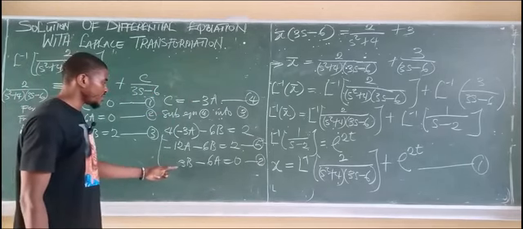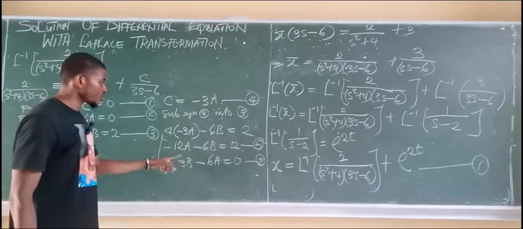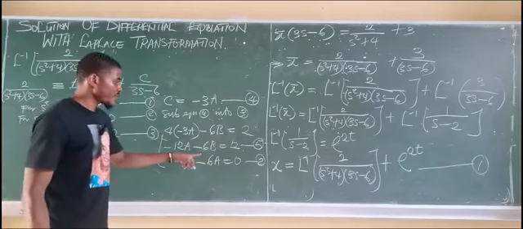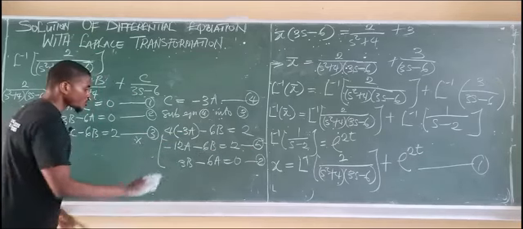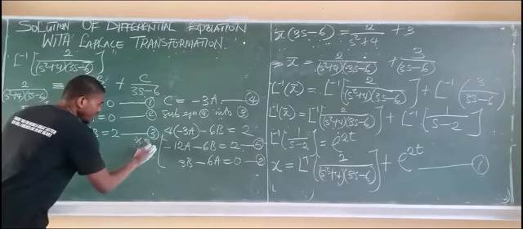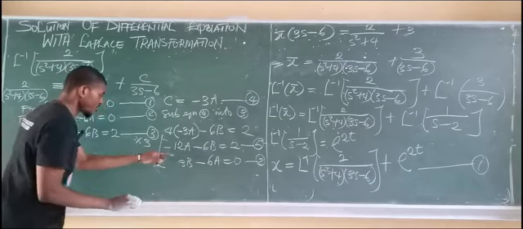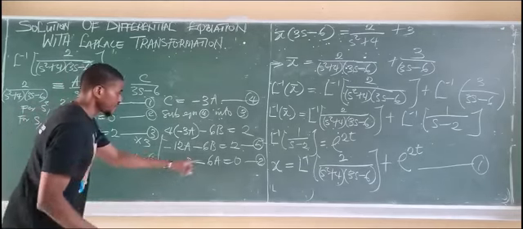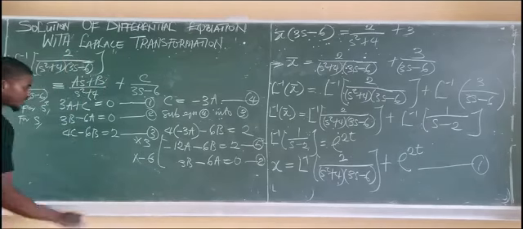The coefficient of b in equation 2 is 3, and the coefficient of b in equation 5 is minus 6. So I'm going to multiply equation 5 all through by 3, the coefficient of b in equation 2, and multiply equation 2 by minus 6, the coefficient of b in equation 5. This will help me to eliminate b. Let's do this and see.